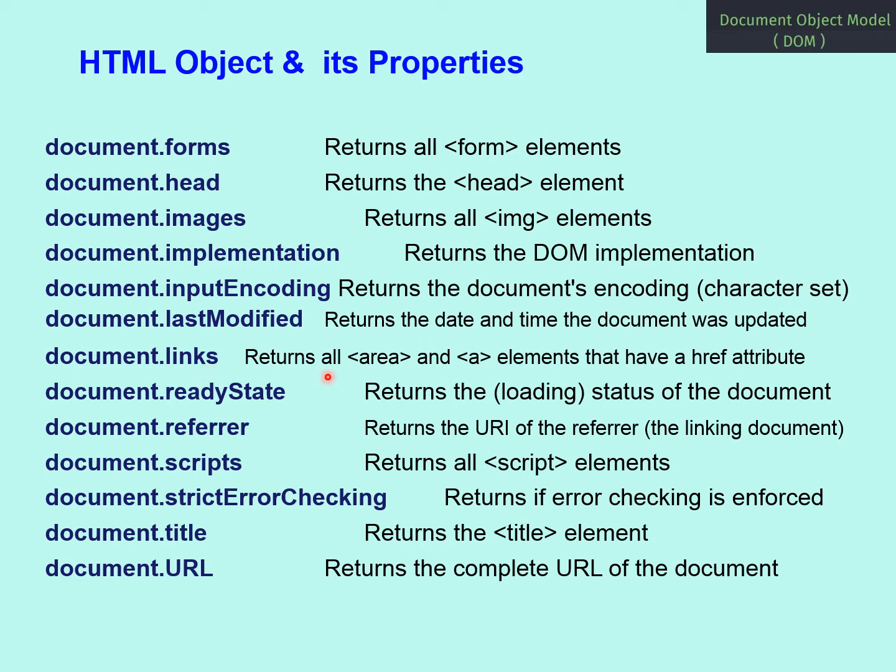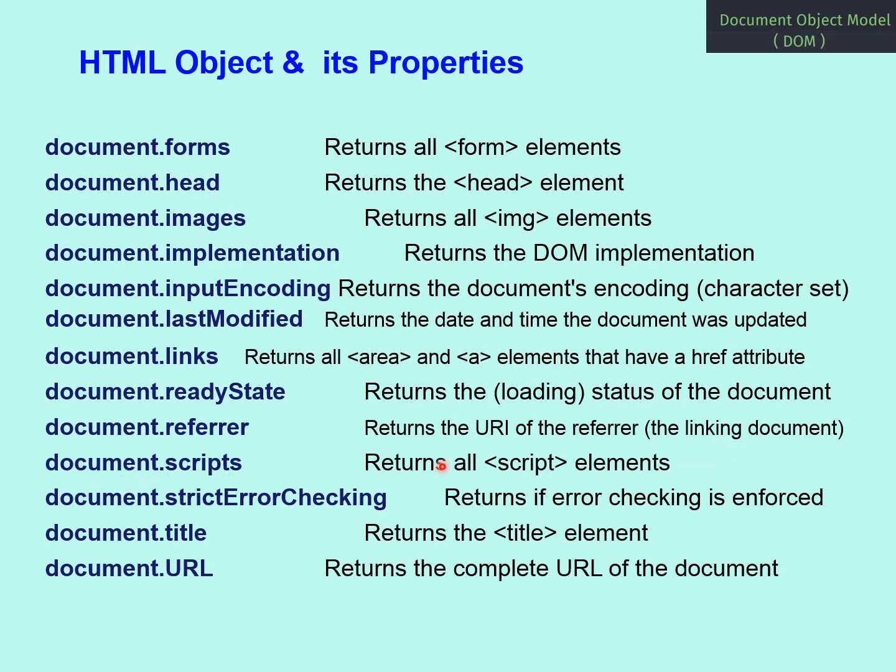Document.links. It returns all area and A elements that have a href attribute. Document.readyState. It returns the loading status of the document. Document.referrer. It returns the URI of the referrer or the URI of the linking document.